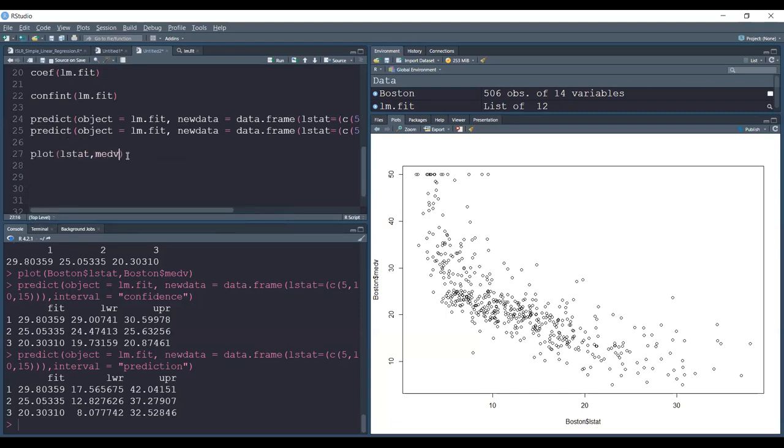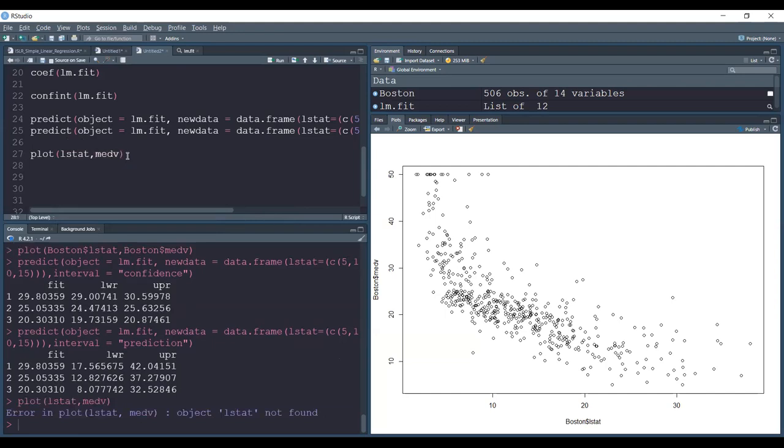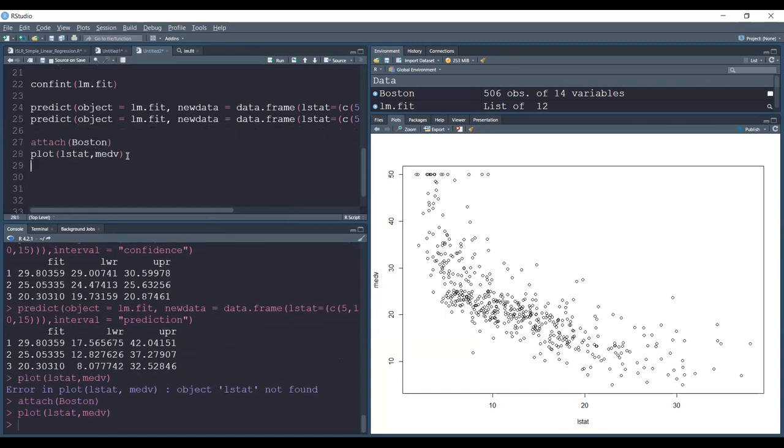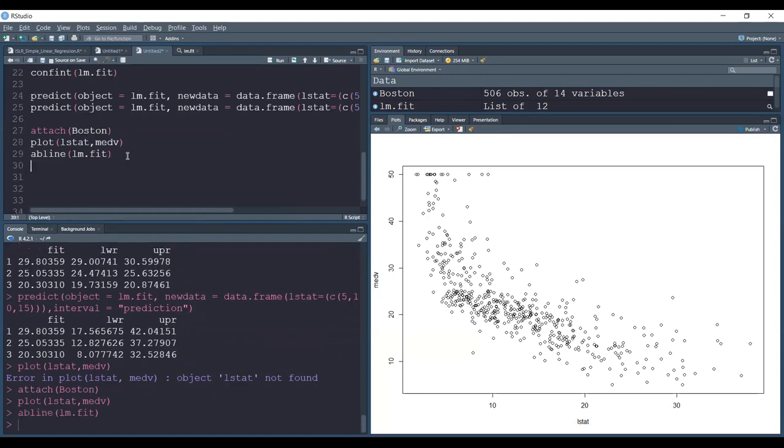LSTAT and median value. But don't we have... Do I need to maybe attach Boston? And now we'll do abline of our linear model. And there we go. That's the line we had earlier.